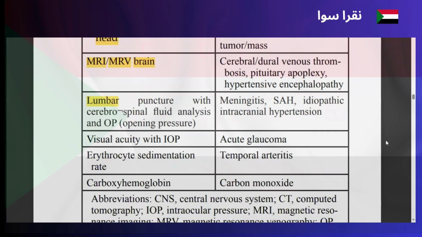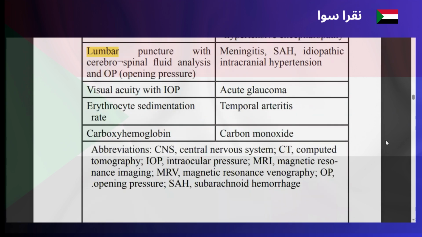Lumbar puncture with CSF fluid analysis and opening pressure for meningitis, subarachnoid hemorrhage, idiopathic intracranial hypertension. Visual acuity with intraocular pressure to exclude acute glaucoma, ESR for temporal arteritis, carboxyhemoglobin for carbon monoxide.